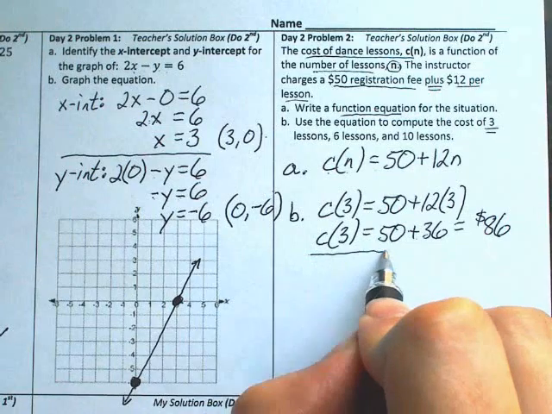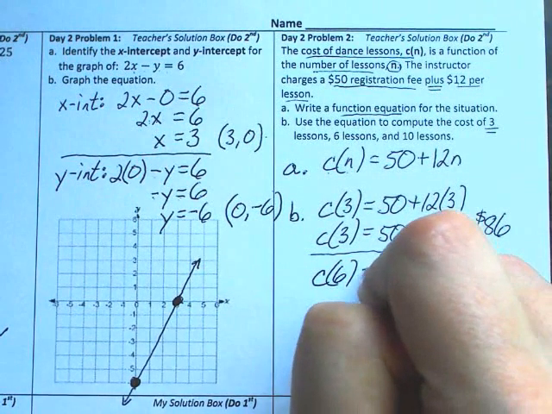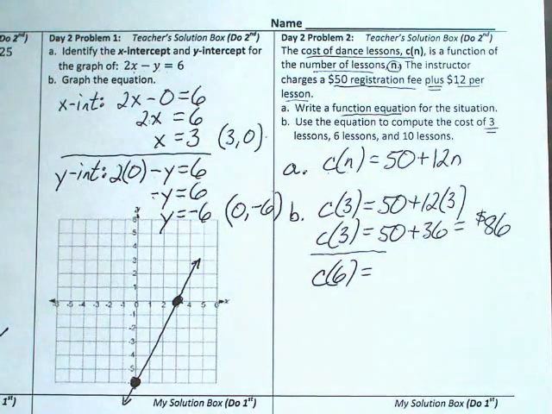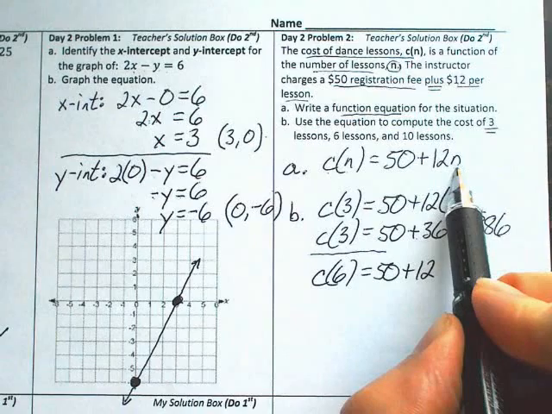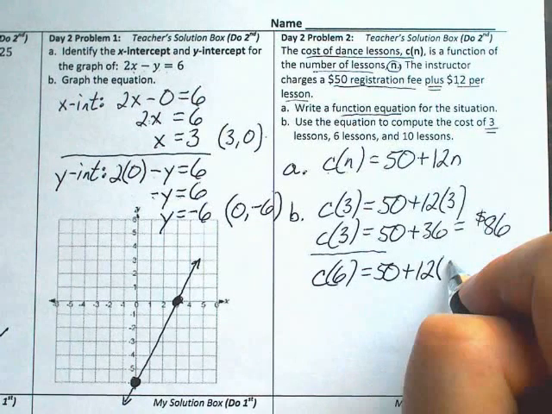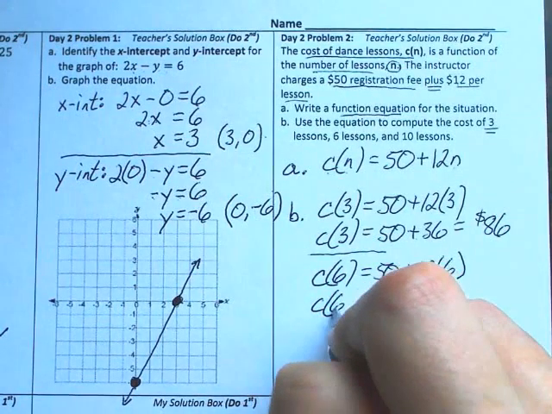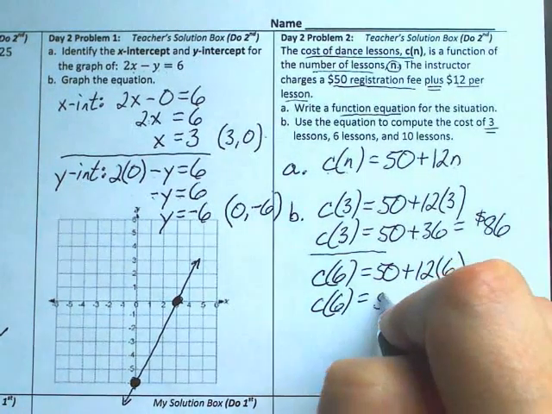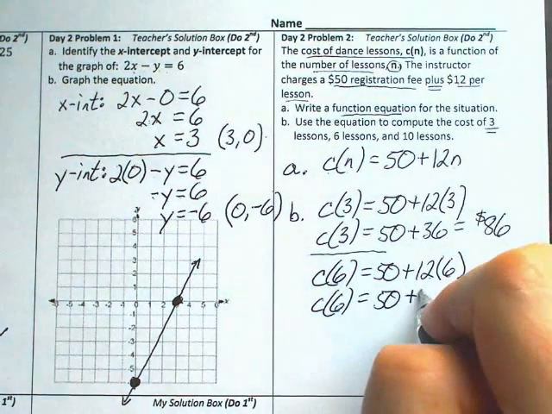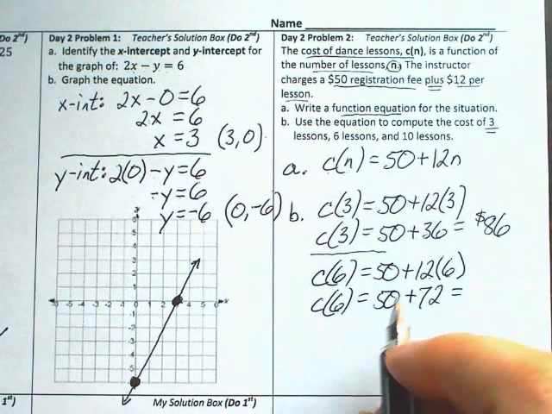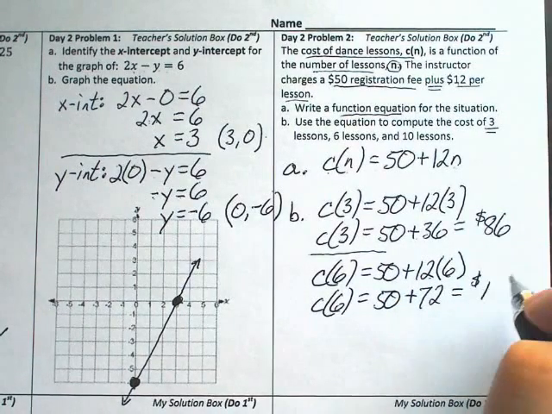Next, let's find the cost for 6 lessons. So C of 6, that will be equal to 50 plus 12. And again, for the variable n, let's fill in how many lessons we're paying for, 6. And therefore, C of 6 is equal to 50 plus 12 times 6 is 72. And 50 plus 72 is $122.